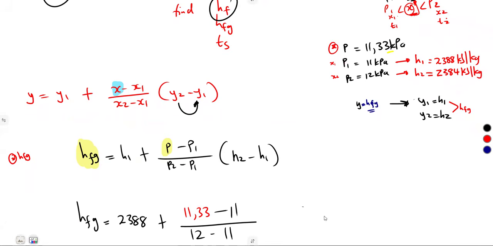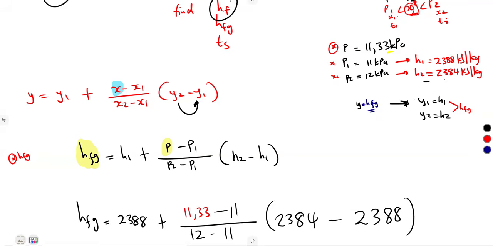This part is not going to change. Then times H2 minus H1, the enthalpies that we had there: H2 is 2384 minus H1, 2388.